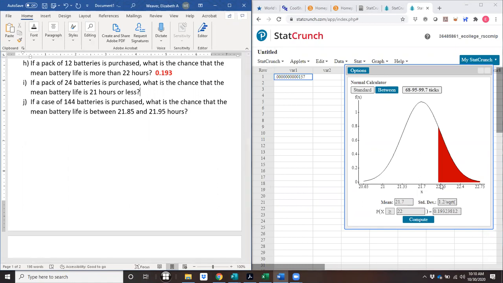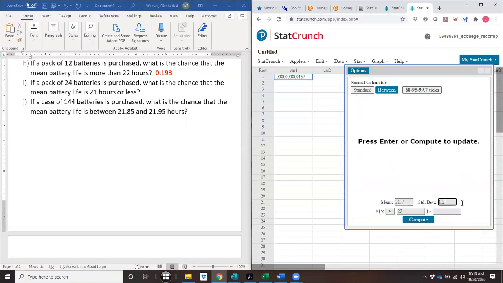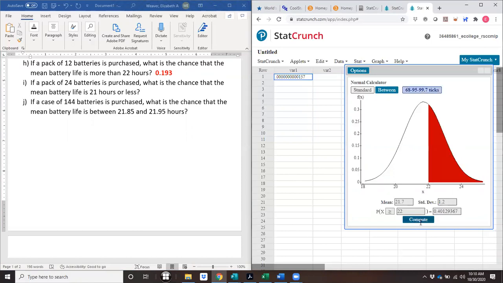Now, let's compare. So that other one, this is kind of hard to compare because it's such a tiny bit. Let's take that square root off and see what it would be to just have one battery last more than 22 hours. So if we remove that and compute, notice that's much closer to half of the graph.